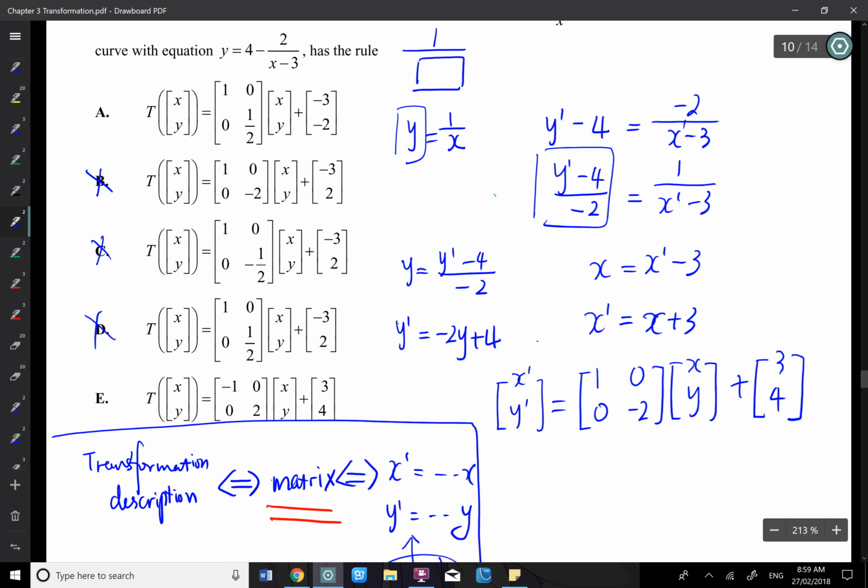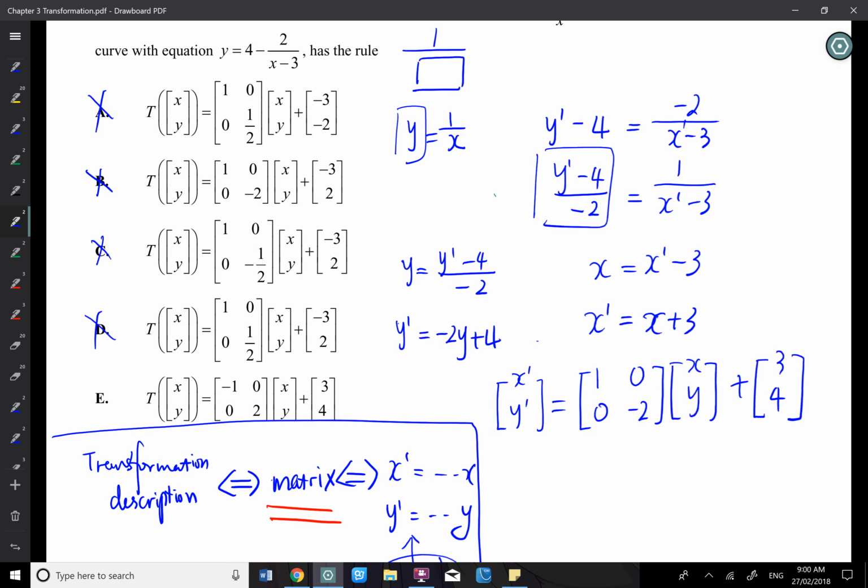The dilation factor doesn't matter which axis you reflect from. It shouldn't change. The dilation factor will stay the same, so A can't be right as well. So the only possible option must be E. Just remember your dilation factor is not going to change, unless it dilates from different axes.